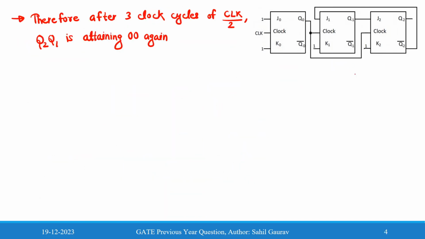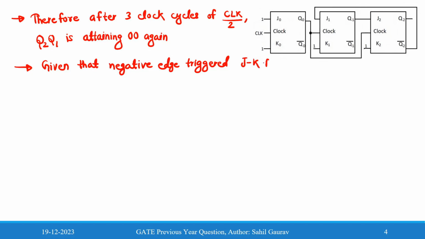So now we make the clock pulses. It is given that these are negative edge triggered JK flip-flops.